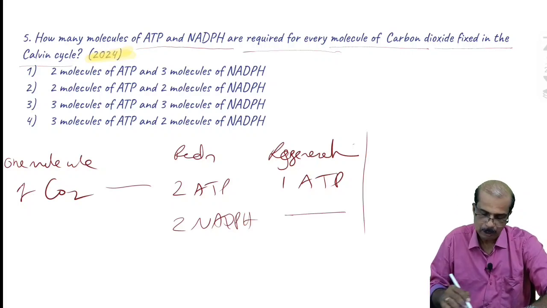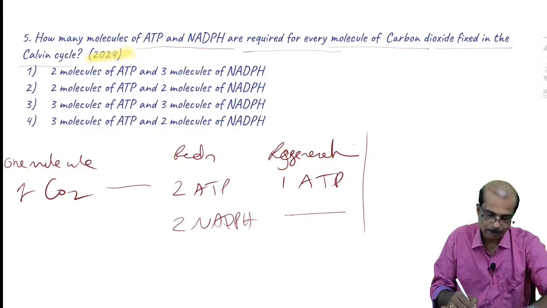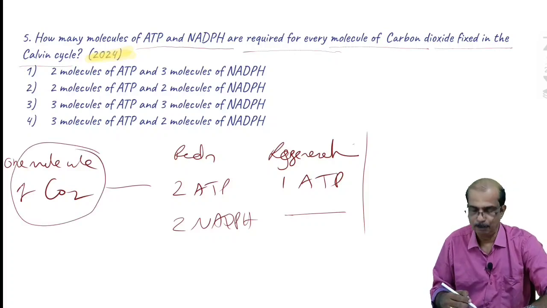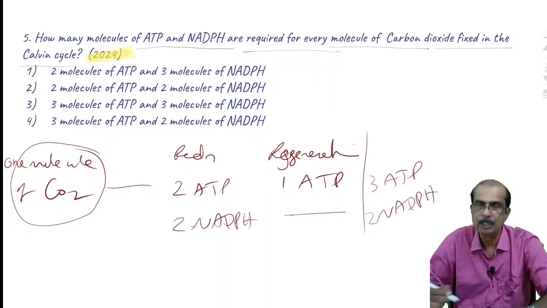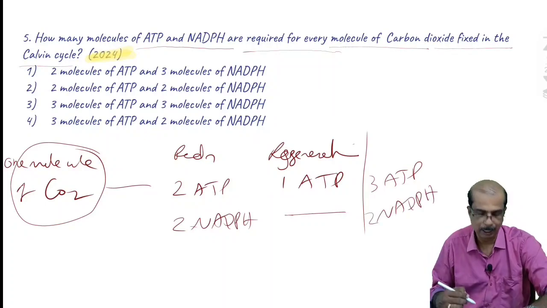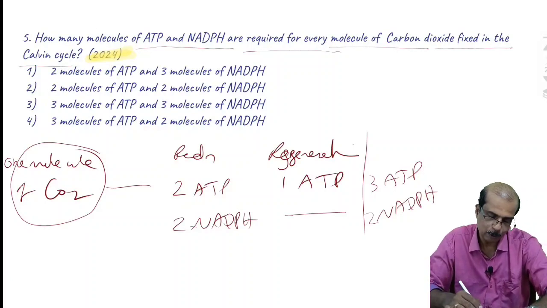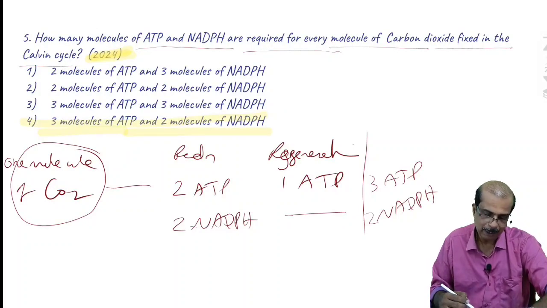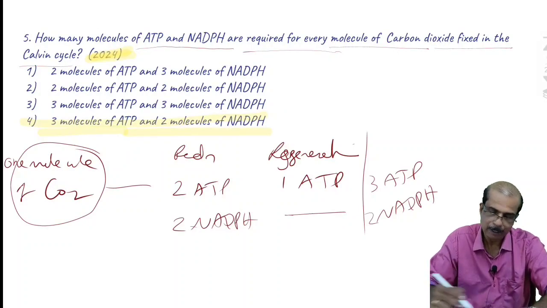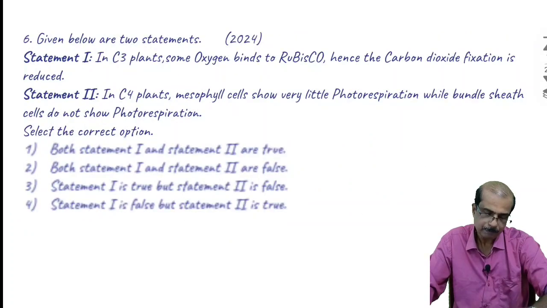So, overall, for fixing 1 carbon dioxide molecule, 3 ATP molecules and 2 NADPH molecules are used up. Option 4 is our answer for this question. The next question.